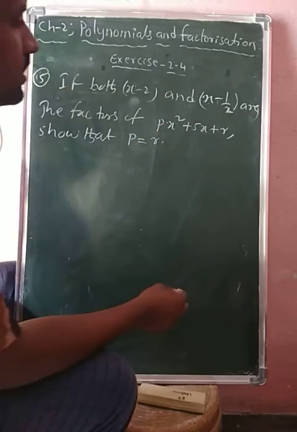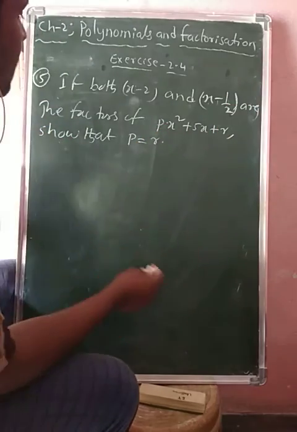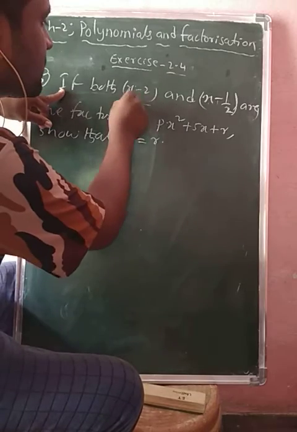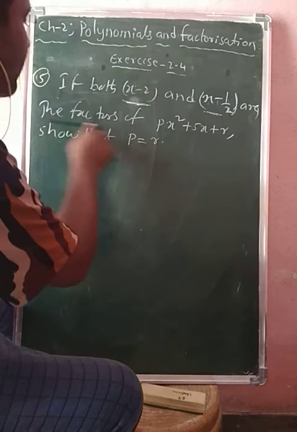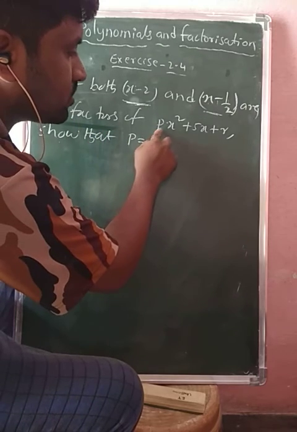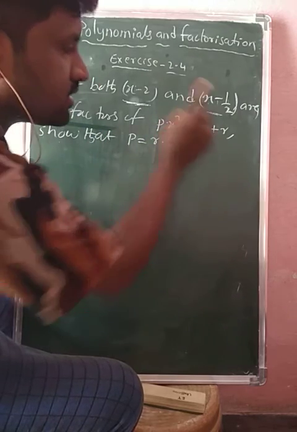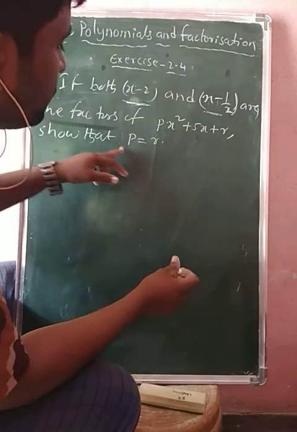What is the question? The question is, if both x minus 2 and x minus 1 by 2 are the factors of px square plus 5x plus r, then show that p is equals to r.